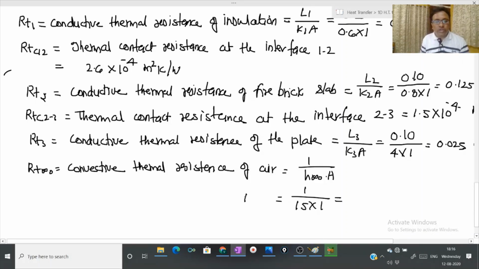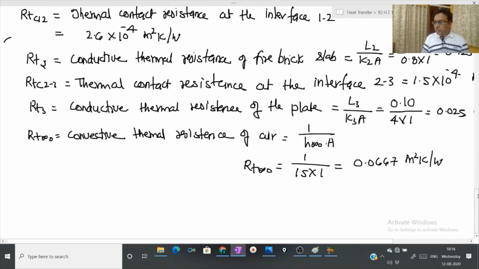So this comes out 0.0667 meter square Kelvin per watt. So this way I could calculate all the individual thermal resistances and contact thermal resistances.